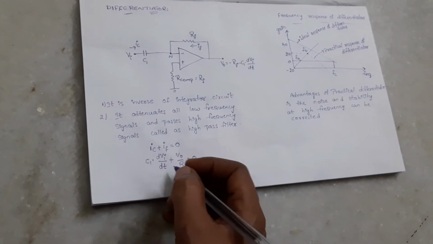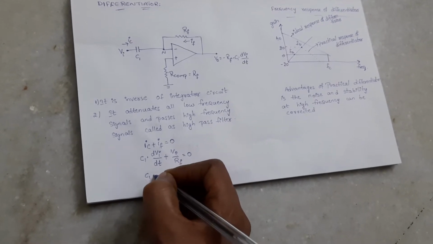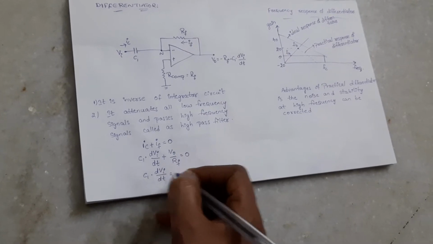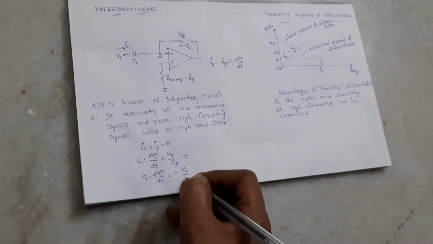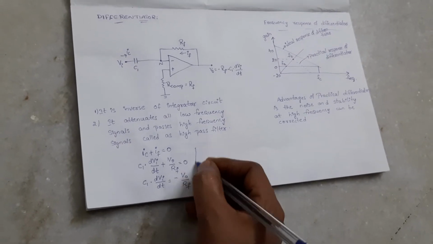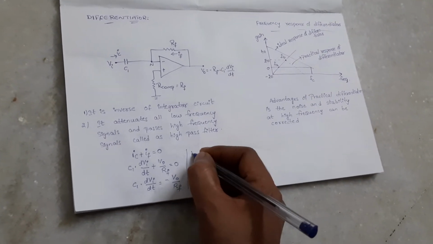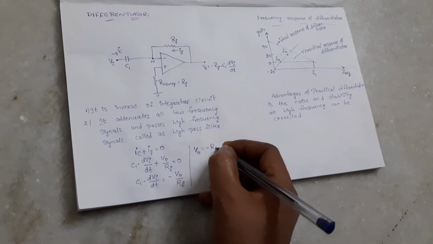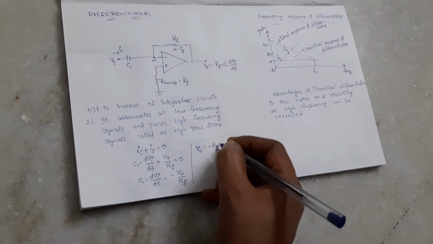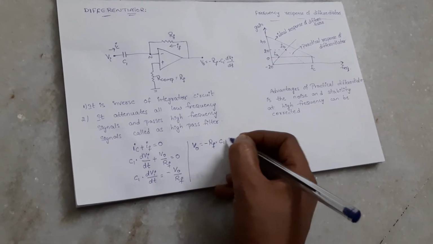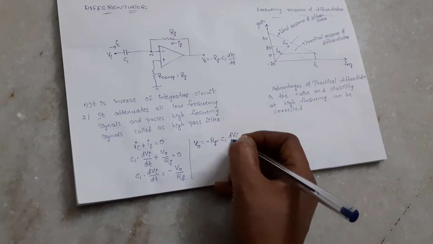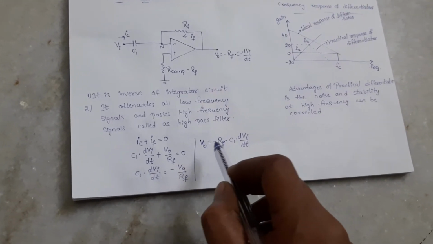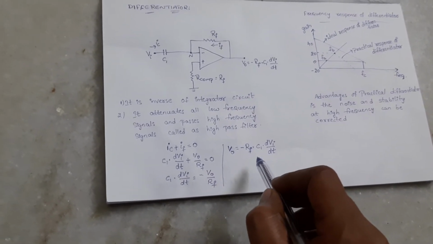So this becomes C1 into dVi by dt is equal to minus V0 by RF. From here we can write V0 is equal to minus RF into C1 dVi by dt.